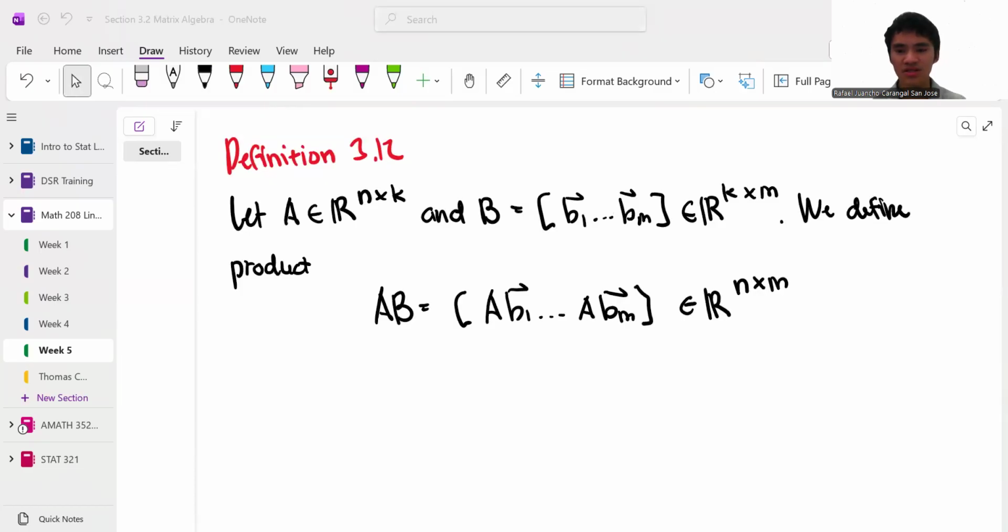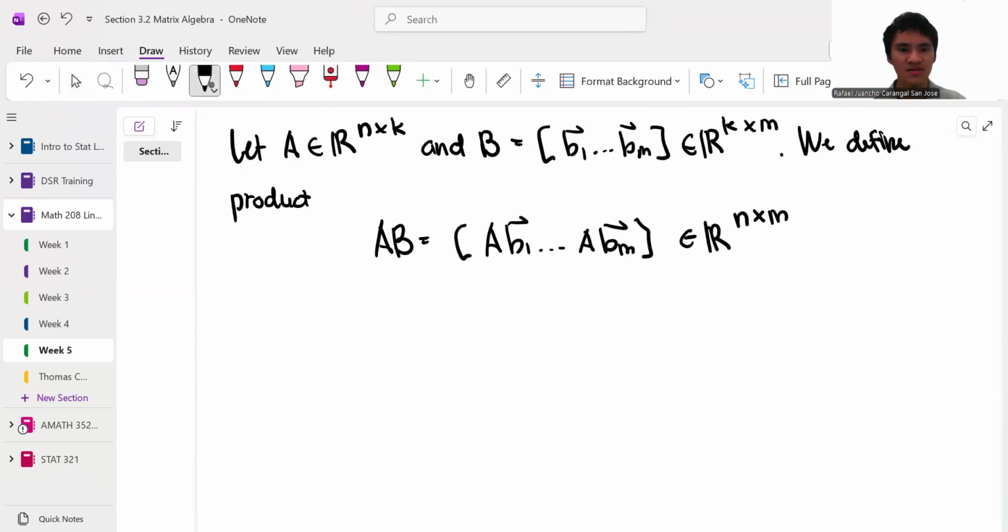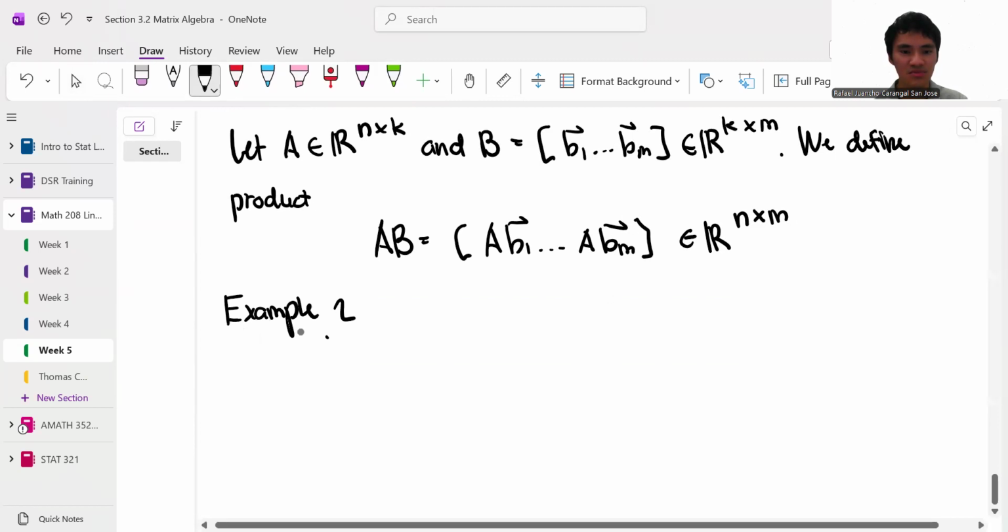Great. Now let's look at another example here. I think I can do a couple of examples from the skill set, but we'll see. Example 2.